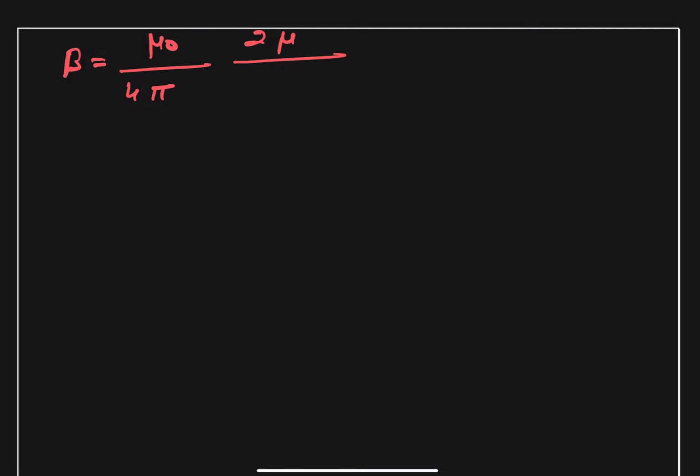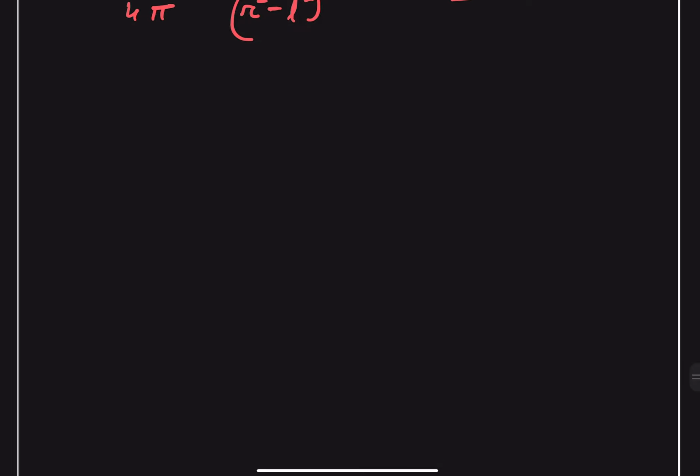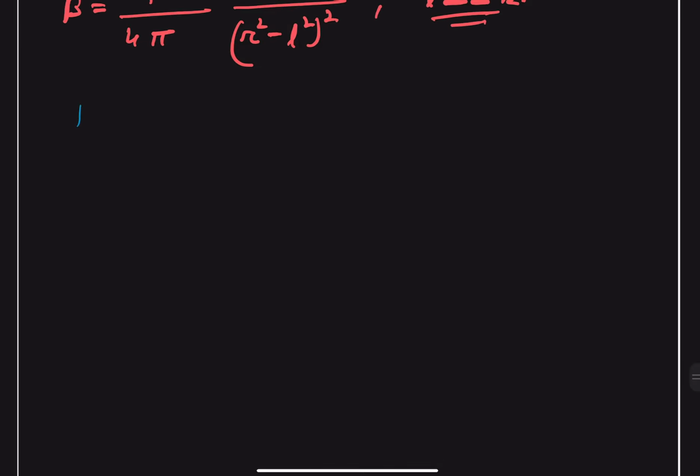and we can write this as the r unit vector, and this will be r square minus L square and whole square. And we have said that this L is very much smaller than R. Therefore, we can write that our magnetic field will be mu naught upon 4 pi, this comes as 2 mu, and now we get it as R cube.